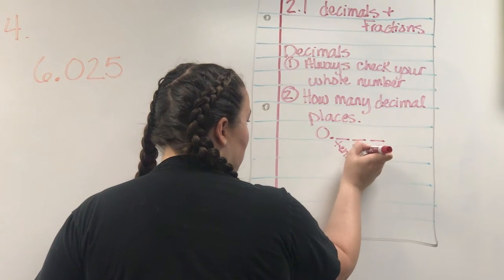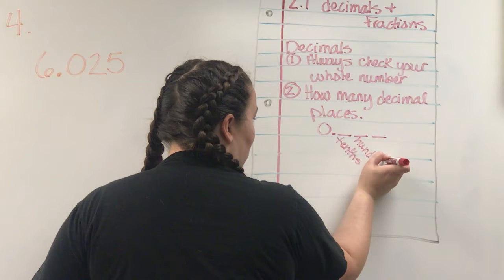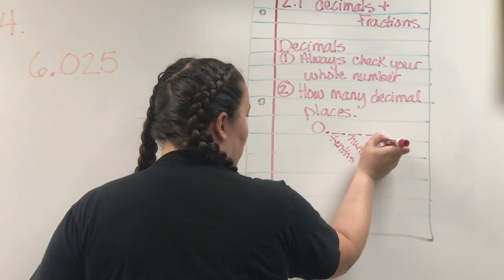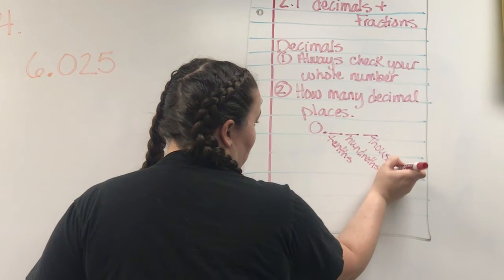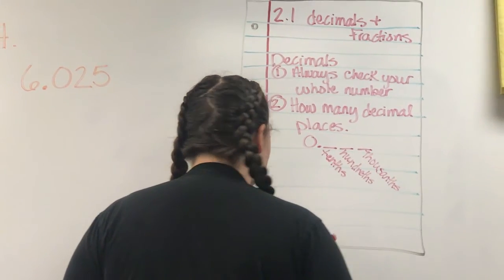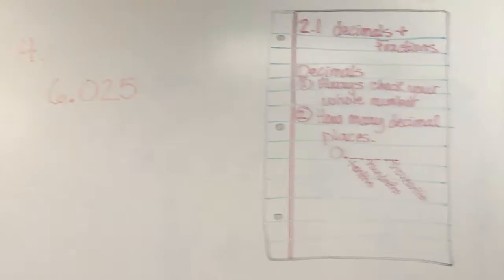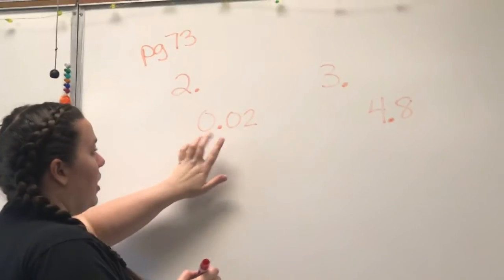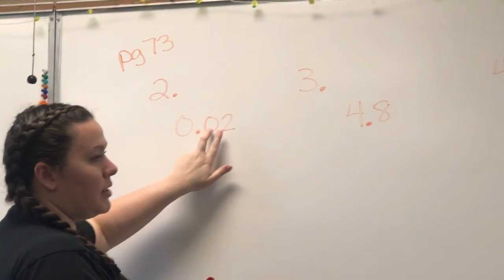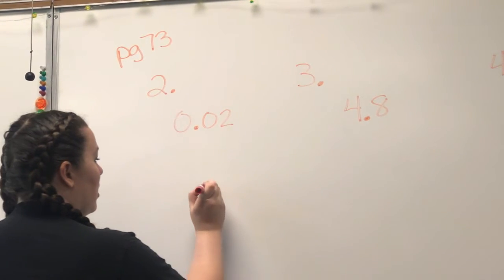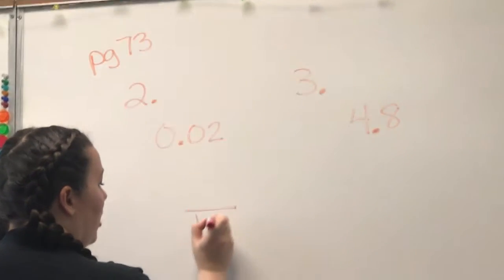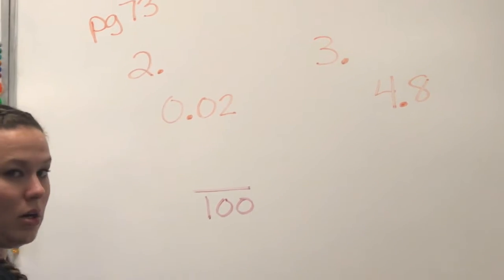This is the hundredths. And this is the thousands. Okay. So I'm going to hop over here, and I'm going to say there are 2 decimal places. So I know that that is in the hundredths place. And I'm going to put a 100 on my denominator.